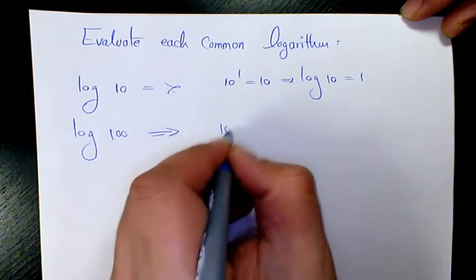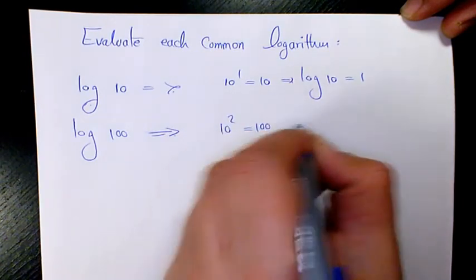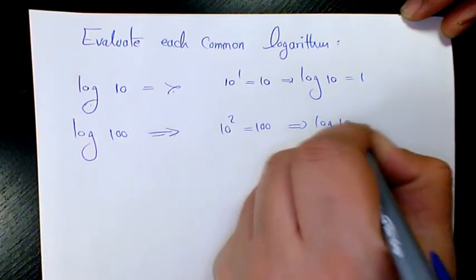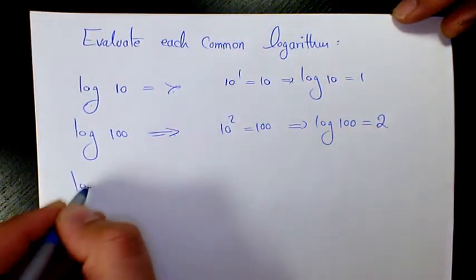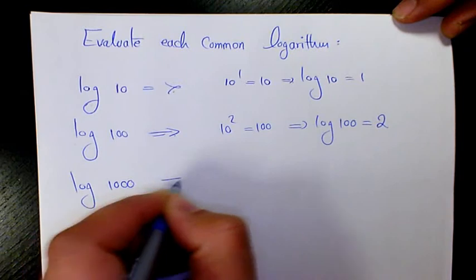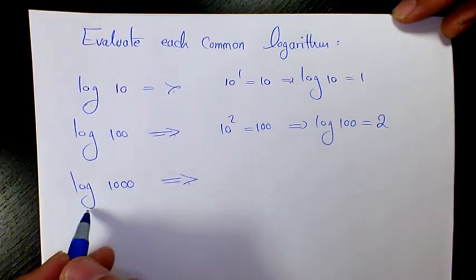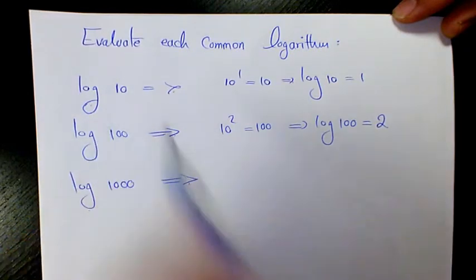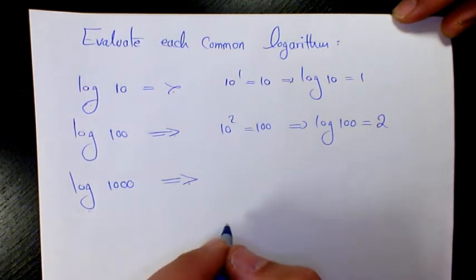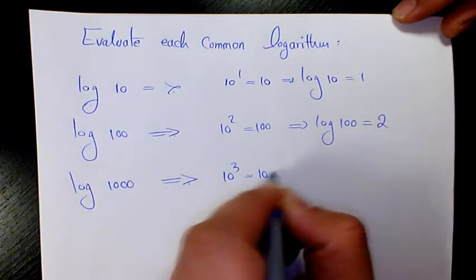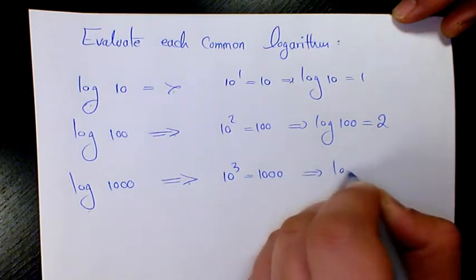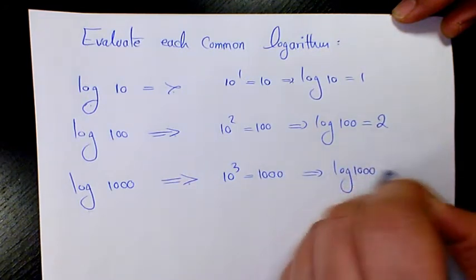You know 10 to the power of 2 is going to be 100, therefore log 100 is going to be 2. Log 1000, when there is no base, it means that the base is 10 and we are dealing with common logarithm. 10 to the power of 3 is 1000, so log 1000 is 3.